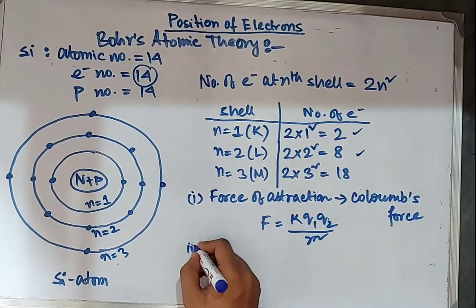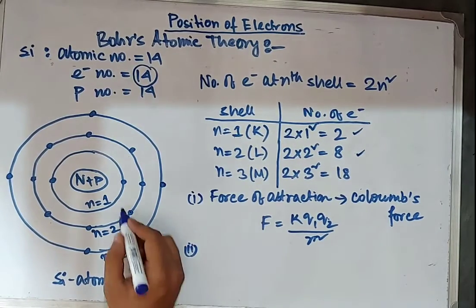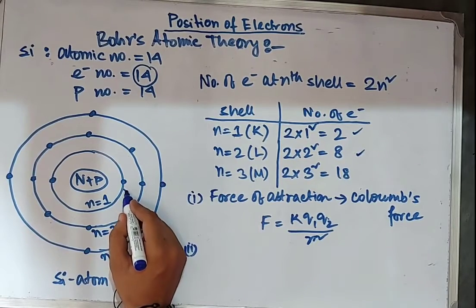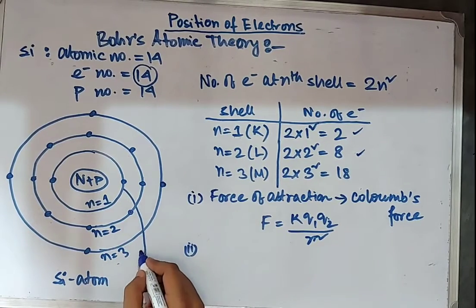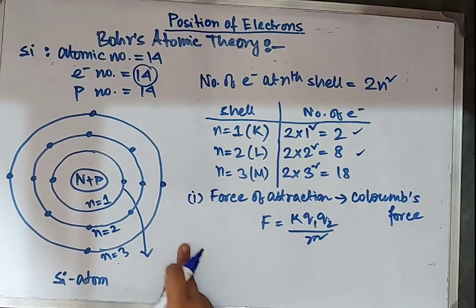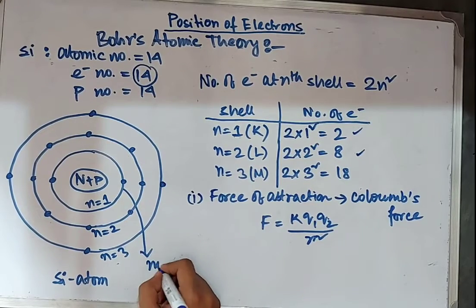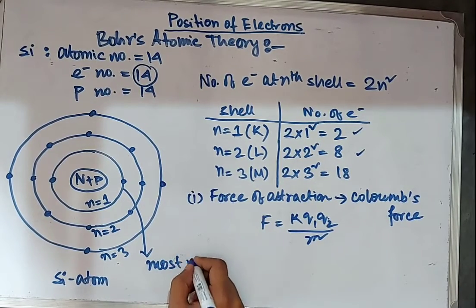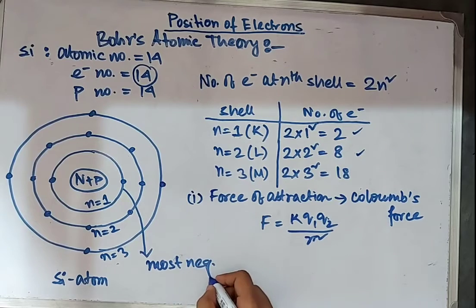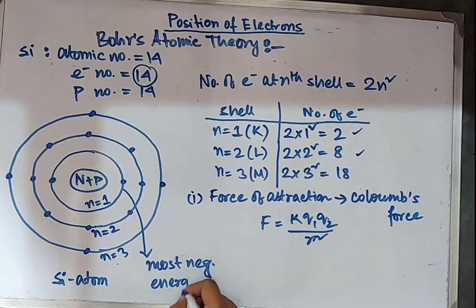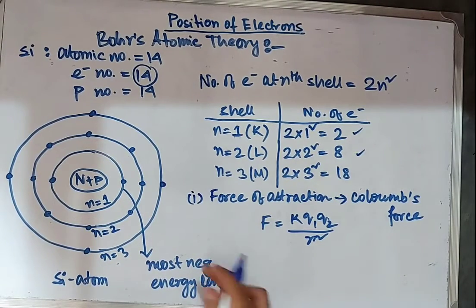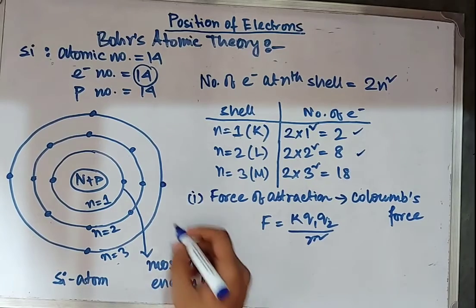And the second thing is, this first shell has the most negative energy level. The first energy level is the most negative energy level of any atom.